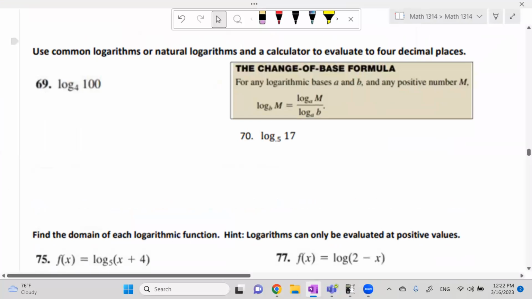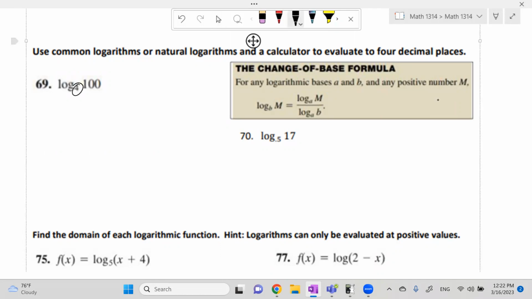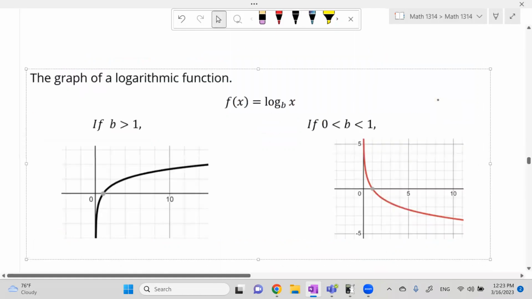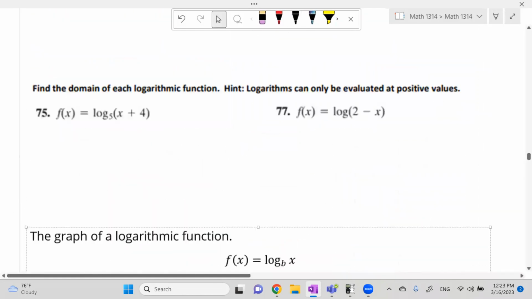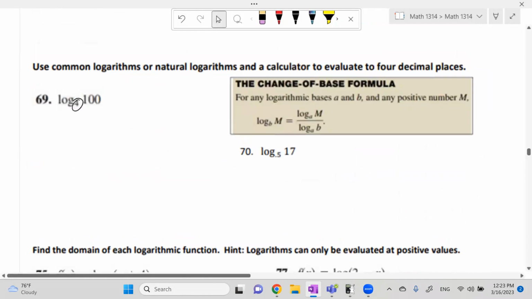Let's see. Use the common logarithms and natural logarithms and a calculator to evaluate to 4 decimal places. Now, if I have a different base, I have log base 4, for example, here. My calculator doesn't have the function log base 4.